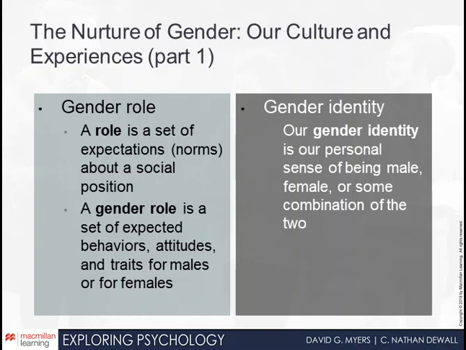So basically, our society may have certain expectations as to what boys do and men, what girls do and women, our gender role. Then we have gender identity. Our gender identity is our personal sense of being male, female, or some combination of the two.